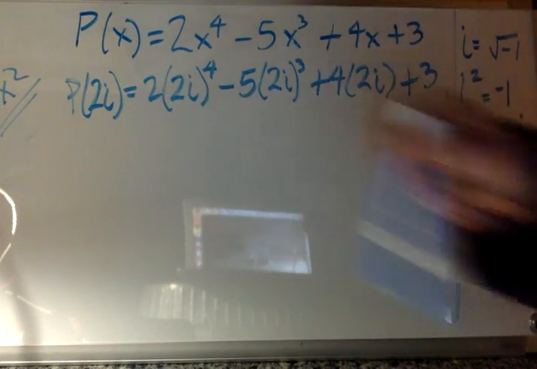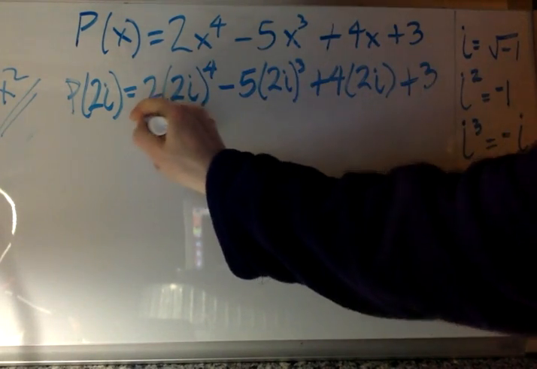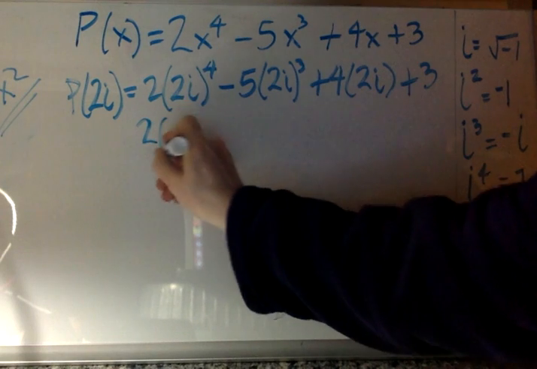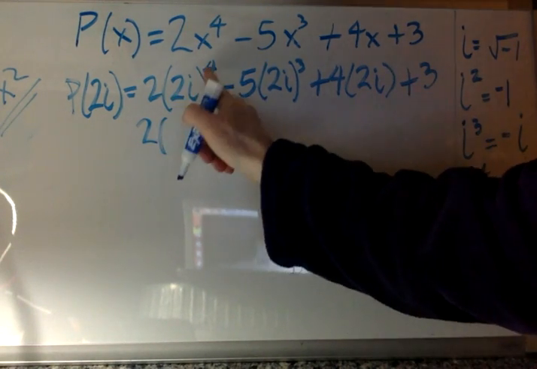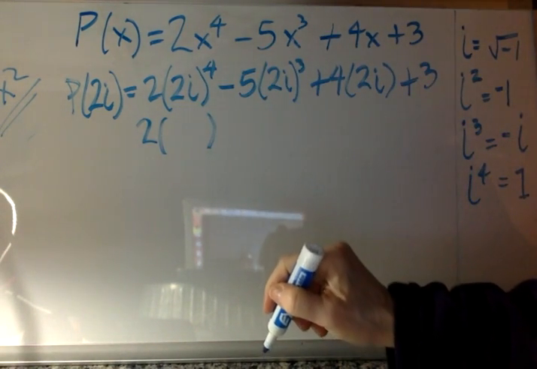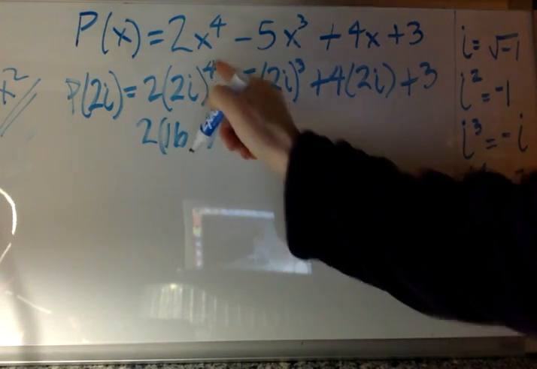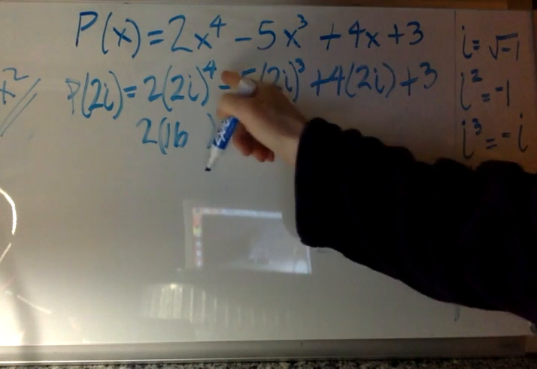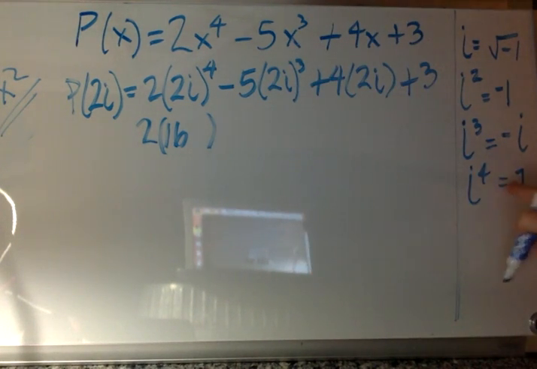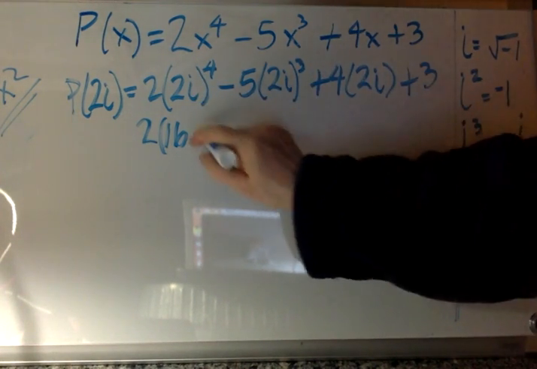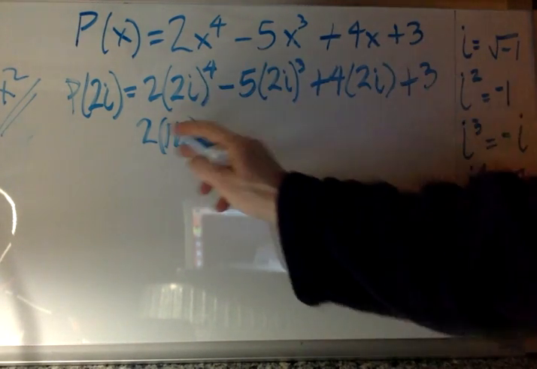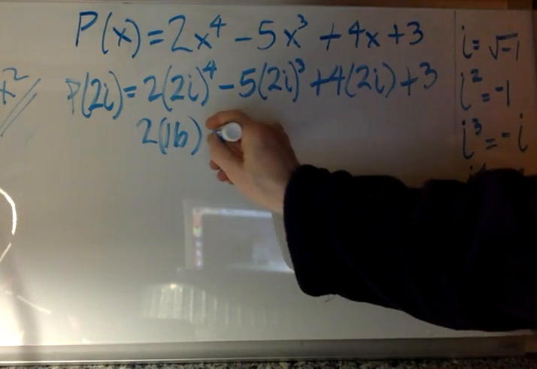So for this one, we're going to have 2 times 2i to the 4th. That means I need to multiply 2 by itself 4 times, 2 times 2 times 2 times 2, which is 16. And then i multiplied by itself 4 times. So i to the 4th, that's just 1. So I'm going to leave this as just 2 times 16 because it's 2 times 16 times 1.